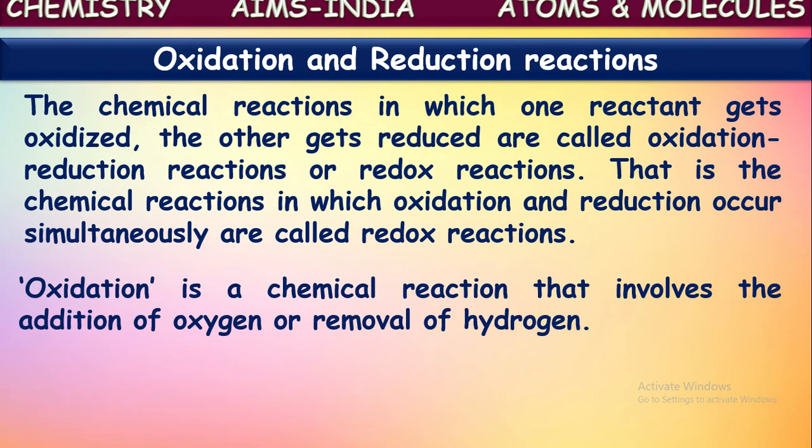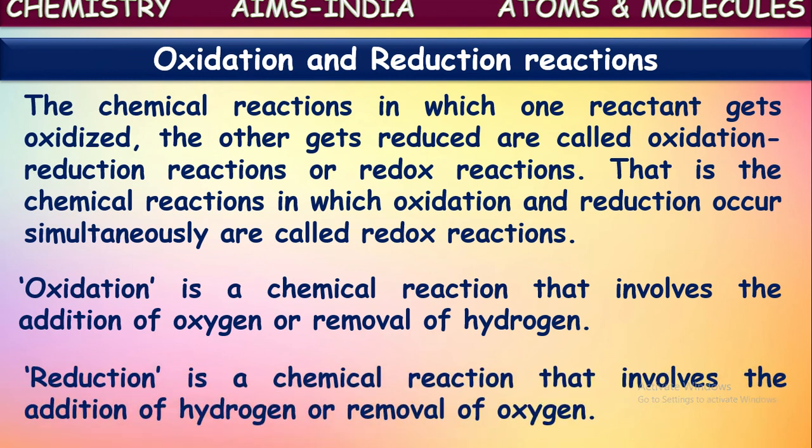Oxidation is a chemical reaction that involves the addition of oxygen or removal of hydrogen from a chemical substance. The chemical reaction in which a chemical substance gains oxygen or loses hydrogen is called an oxidation reaction.